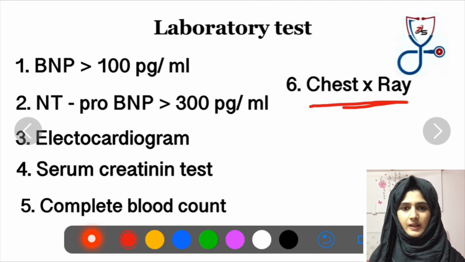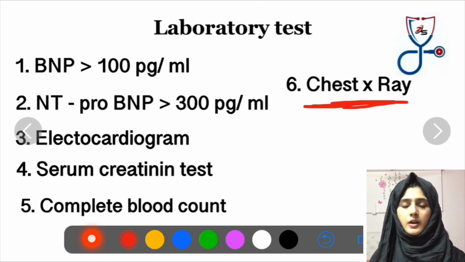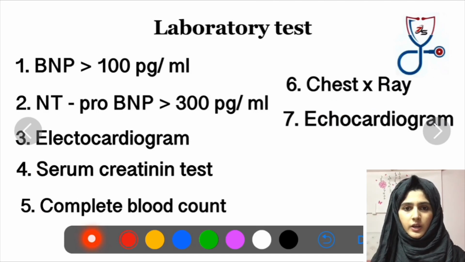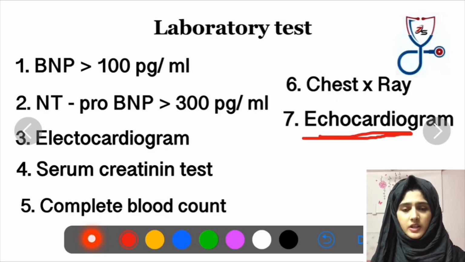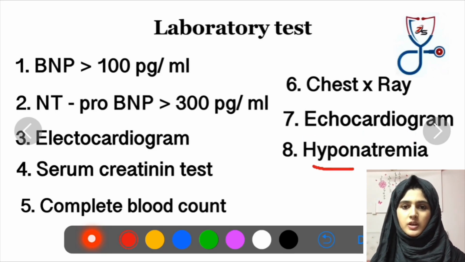Chest X-ray. It helps to determine cardiac enlargement, pleural effusion, and pulmonary edema. Echocardiogram. It is used to assess left ventricular size, ejection fraction, valve function, pericardial effusion, and wall motion abnormalities. Hyponatremia is also a laboratory finding in heart failure, that is when the serum sodium is less than 130 milliequivalents per liter.